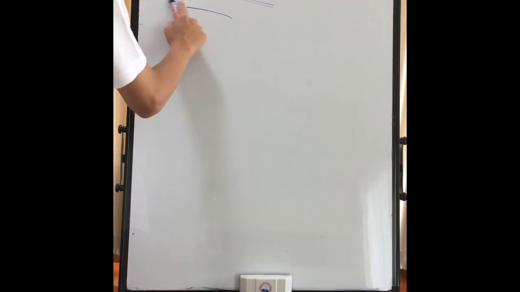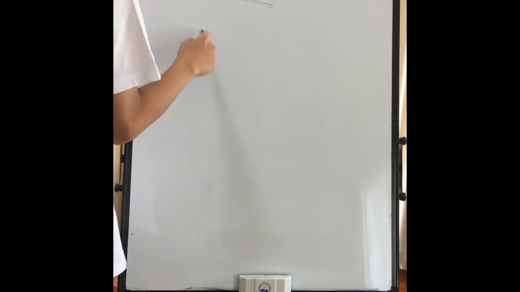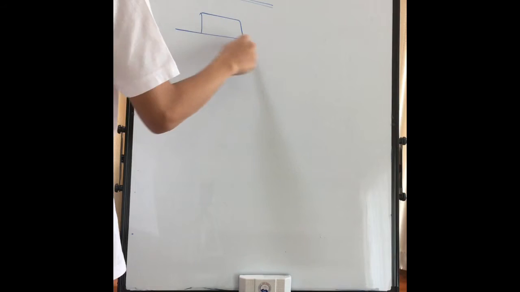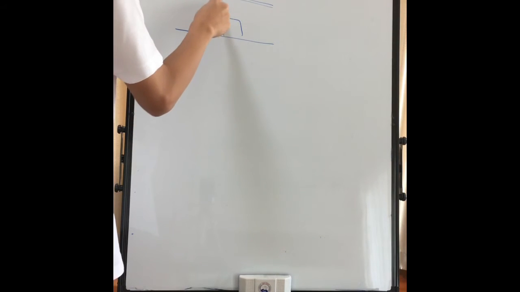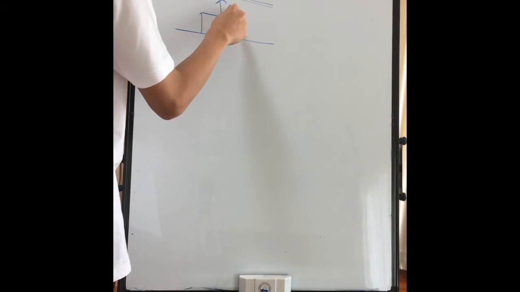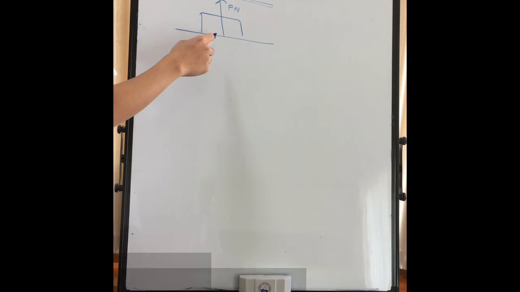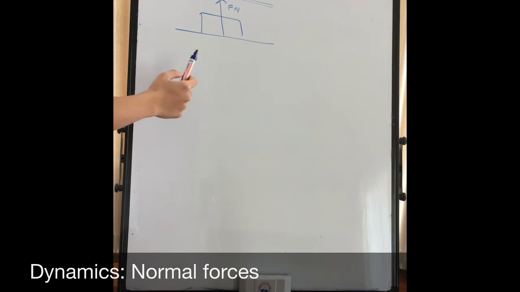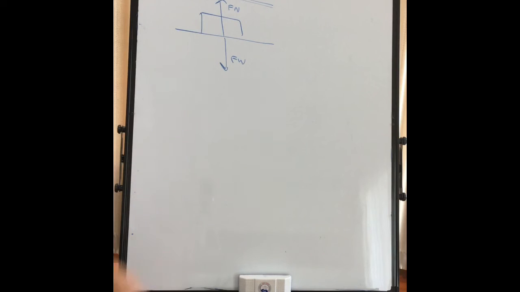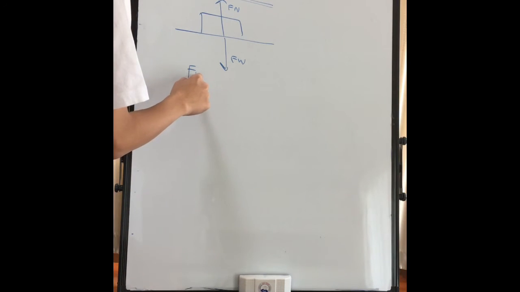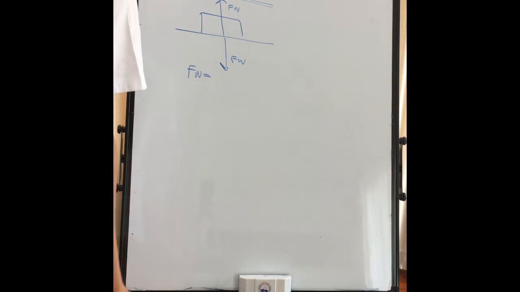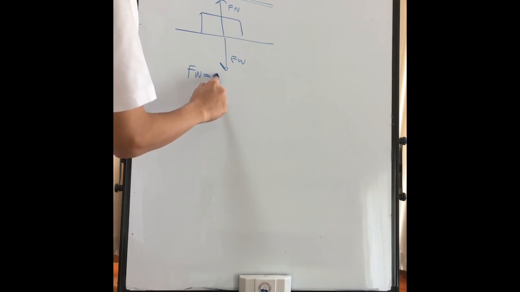So the picture will be like this. Perpendicular to the surface. Fn, straight up, balancing the weight. So normal force equals mg.